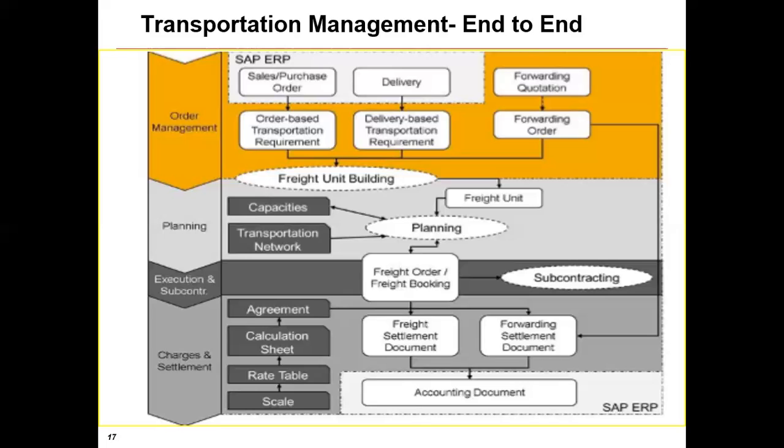But in 9.5 versions, the system proposes a number of freight orders for the shipping clerk or shipper to have an option of optimization of the freight orders as per the capacities available of the resources and the scheduling of the resources.